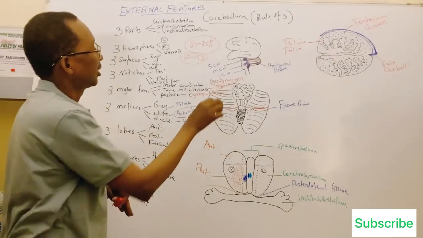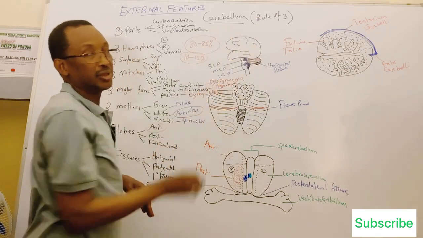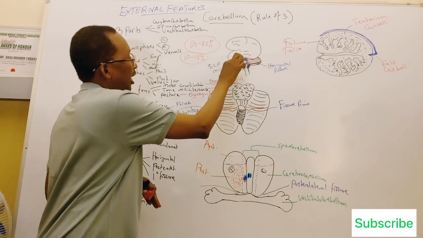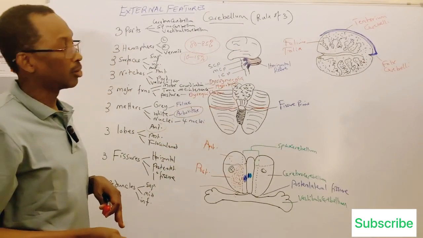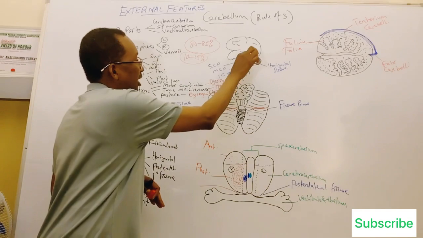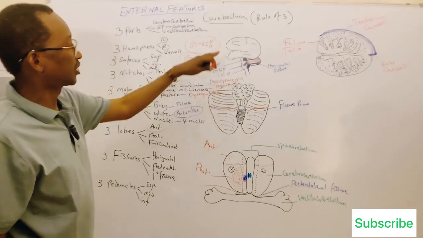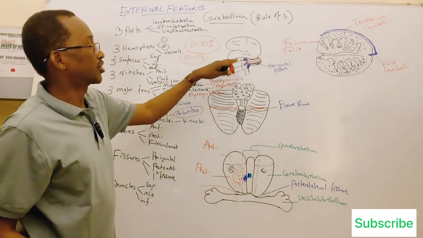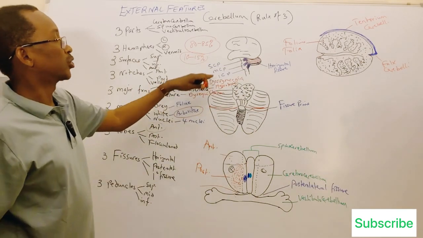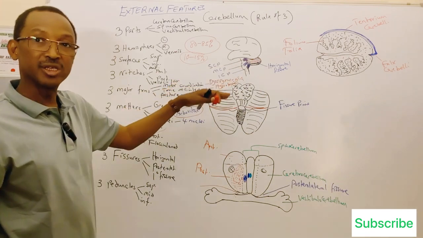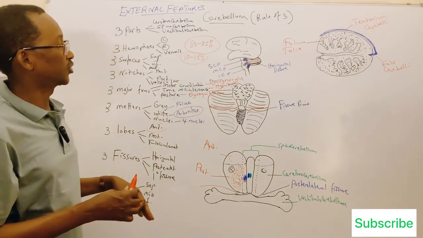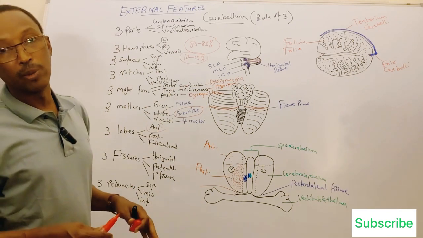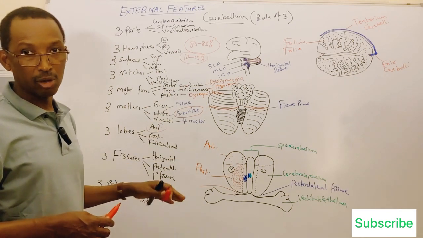The other one connects the pons with the cerebellum, and that is the middle cerebellar peduncle. The last one is the inferior cerebellar peduncle, connecting the medulla oblongata with the cerebellum. These 3 peduncles are bundles of white matter connecting the brainstem with the cerebellum. In each of these peduncles, information goes either in or out, which I will discuss later when I discuss the functional anatomy of the cerebellum.